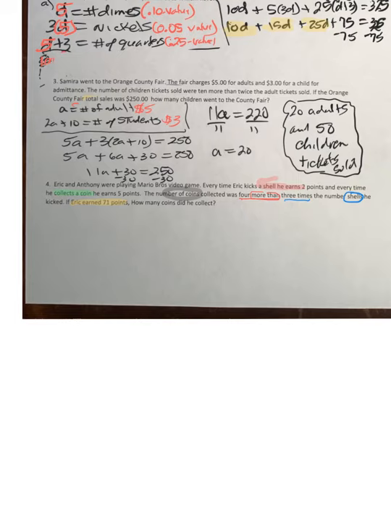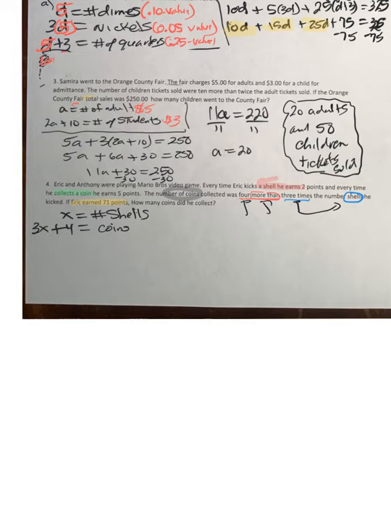So we're going to say, let's let X represent the number of shells. I just didn't want to use S for shells because S looks like 5 a lot, so I don't like to use the S because it looks too much like a 5. And then the number of coins that he collected, it said 4 more than, so you're going to add, 3 times the number of shells.